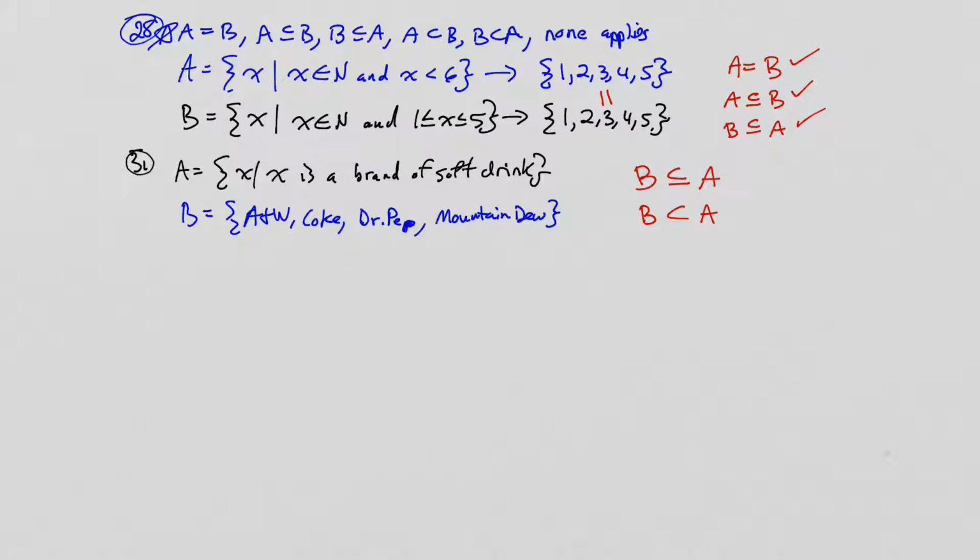So it's both of those. Okay. So both of those would apply in this case, and we cannot reverse it because A is much larger. The list is way bigger than just 4 brands. Okay, and they definitely do not equal each other. So that's number 31.